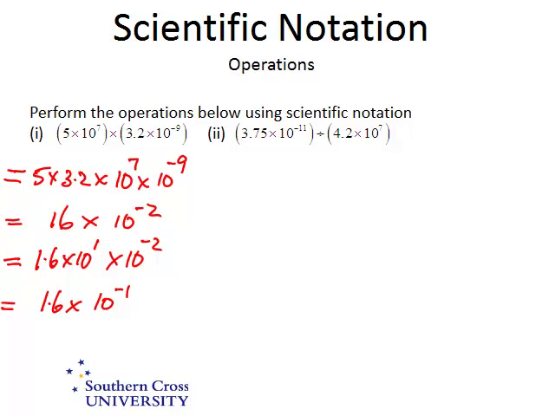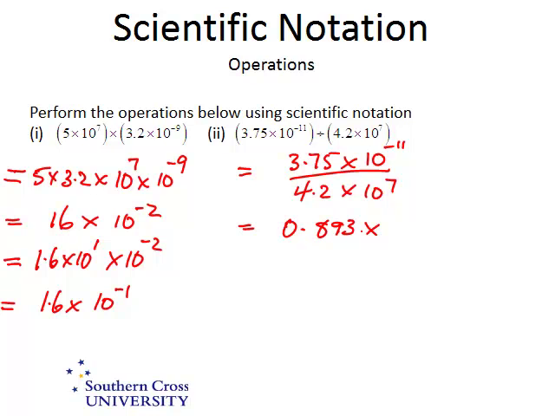Now with the second one, the division, I think you should write that in fraction form. It just helps an awful lot. So 3.75 divided by 4.2, I'd expect you to use your calculator here, is 0.893 times 10 to the negative 11 divided by 10 to the 7.